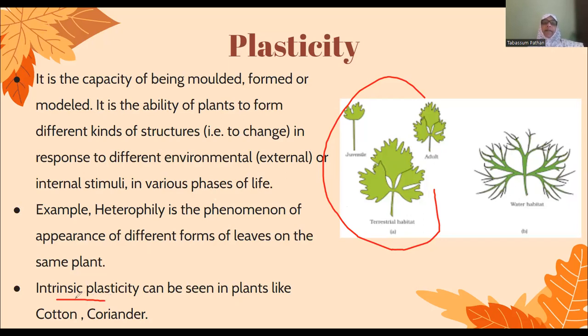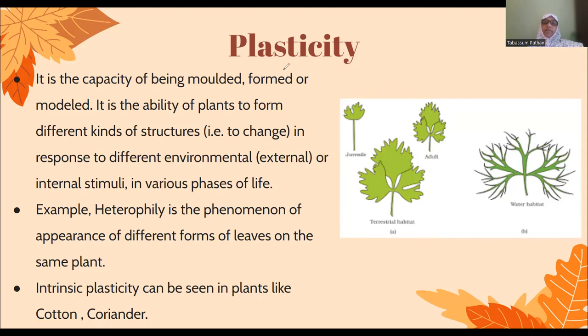Okay, depending upon the environmental changes or external or internal stimulus that the plant receives during its life cycle, the plant can adapt accordingly. Okay, the plant can modify itself to adapt to the existing environment. So that is what we mean by intrinsic plasticity. Examples are given as cotton and coriander, etc.